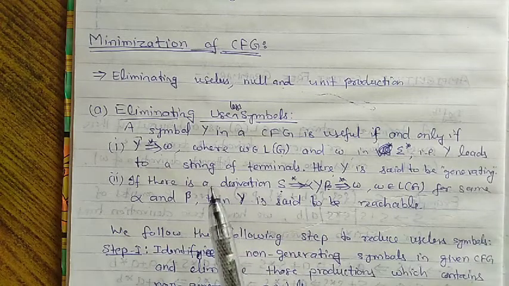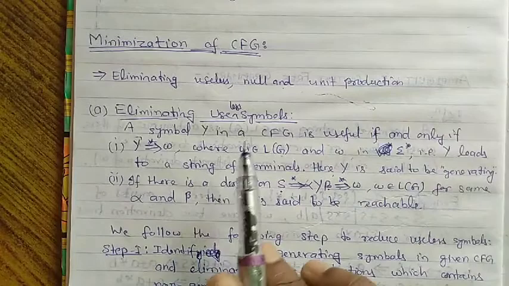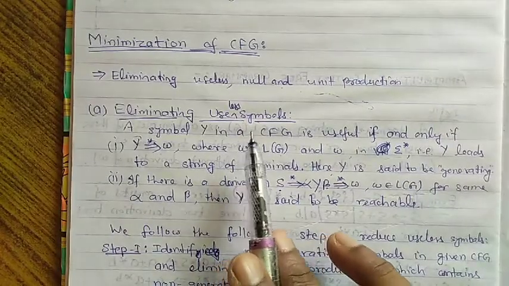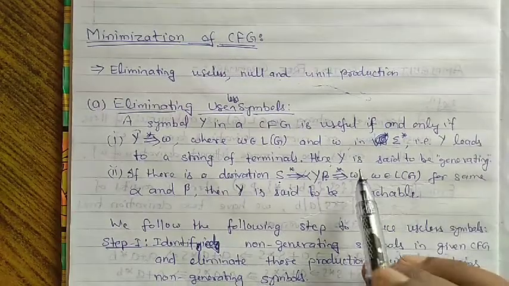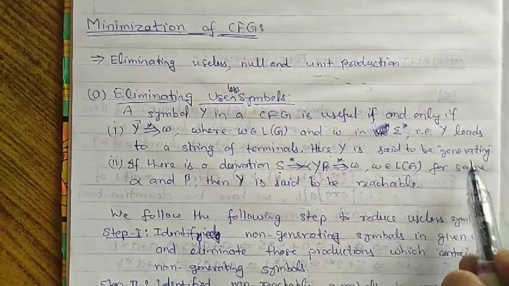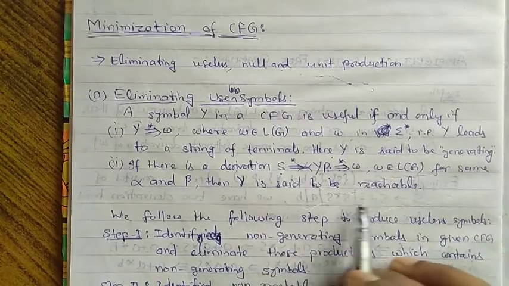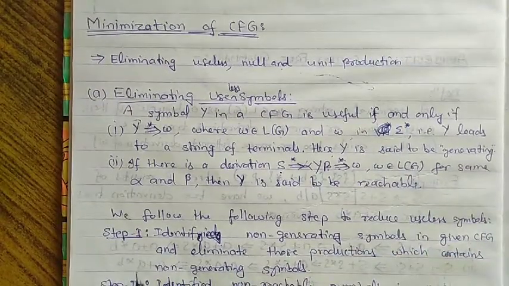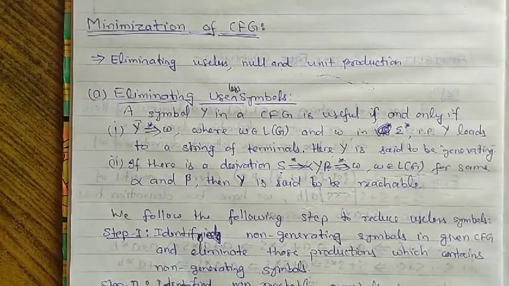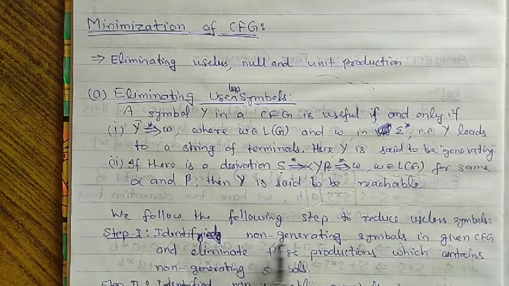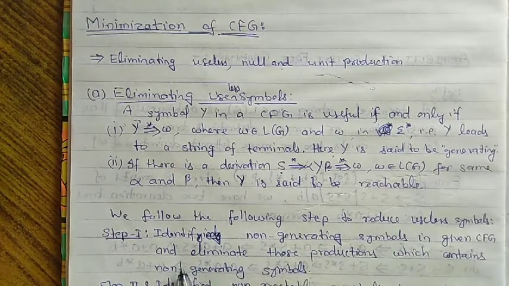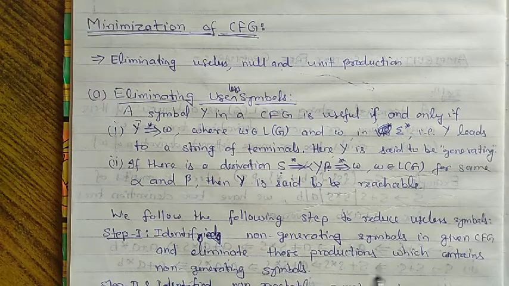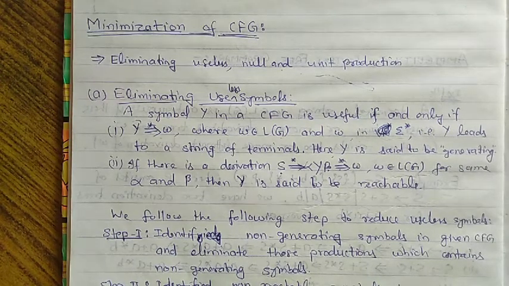So when we want to eliminate useless symbols, we have to identify two kinds of symbols: generating symbols and reachable symbols. We follow these steps to reduce useless symbols. Step 1: identify non-generating symbols in the given context-free grammar and eliminate those productions which contain non-generating symbols.